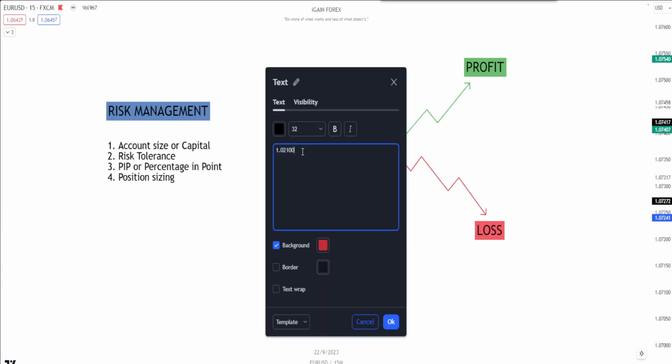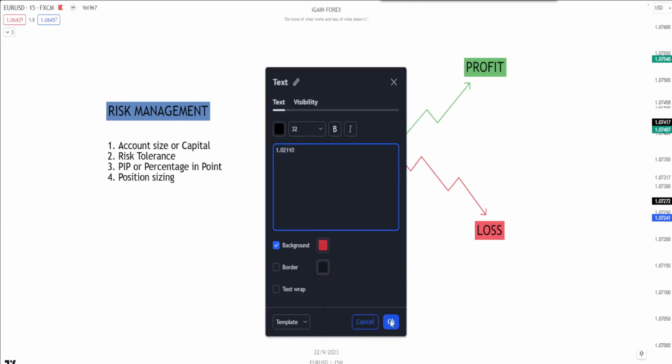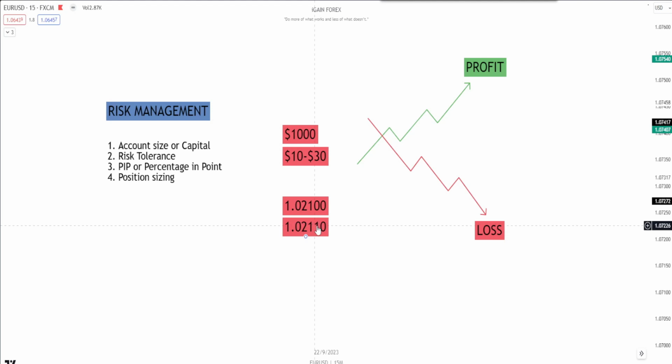If the price moves, for example, to 1.0211, looking at the fourth decimal place, from 1.0210 it increases by 1 pip. It has moved 1 pip from 1.0210 to 1.0211. Okay, so that's how we get our pip.